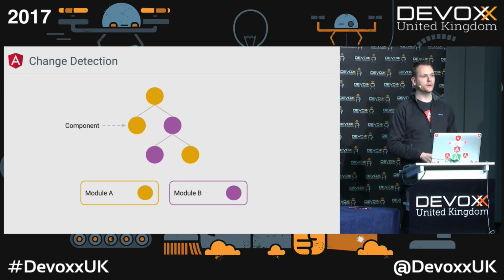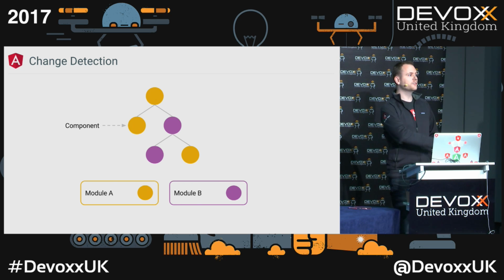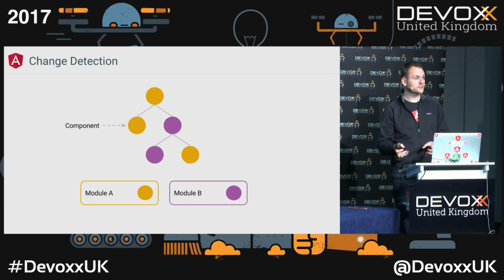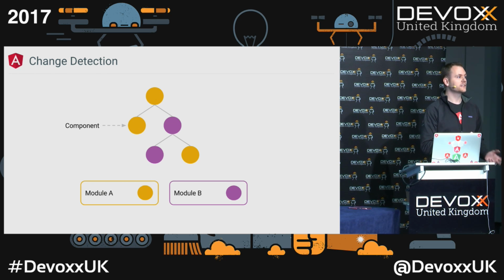Another thing we did between AngularJS and Angular was rework how change detection works. In AngularJS, we would look at all of the expressions in your entire application and run them all. At the end, we didn't know if something had changed because change detection in one place might modify something else, so we ran it again. We would run this digest cycle over and over for developers until things stabilized.